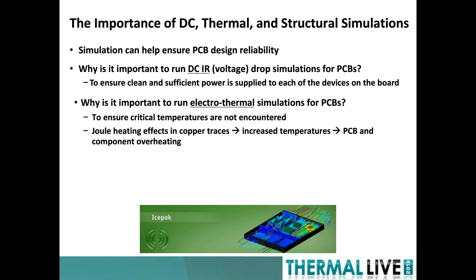Here, Joule heating effects in the copper traces can lead to increased temperatures, and this can cause printed circuit board and component overheating. By electrothermal simulations, I mean performing thermal simulations with Joule heating effects taken into account.